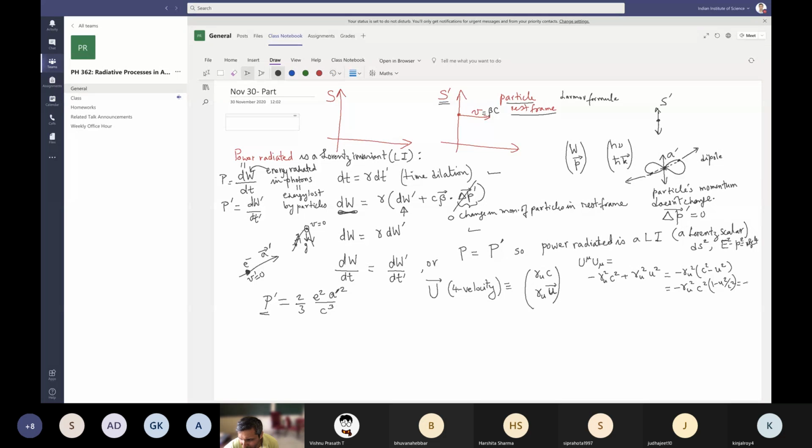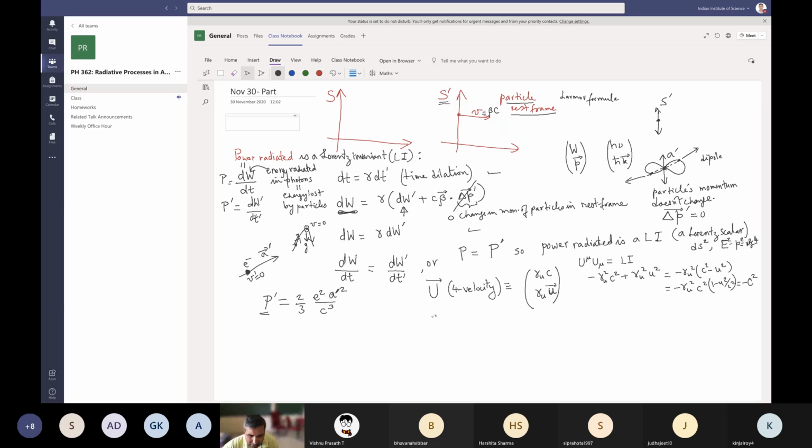So this is equal to minus c squared, which is Lorentz invariant because c is a universal constant. So this 4-velocity squared is a Lorentz invariant, or a Lorentz scalar.